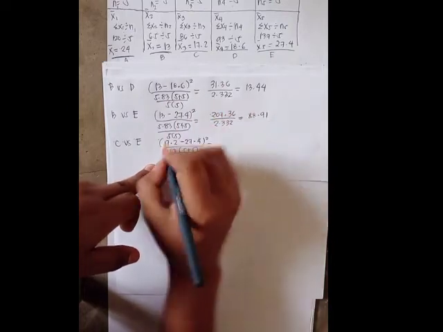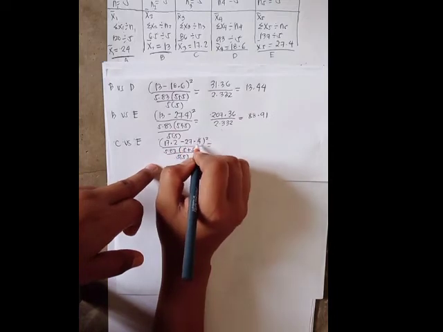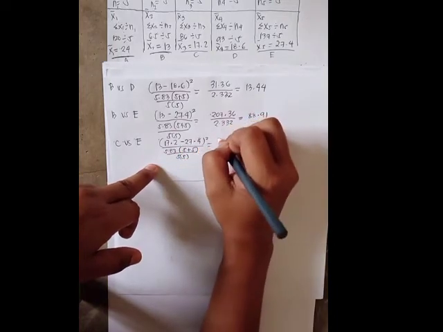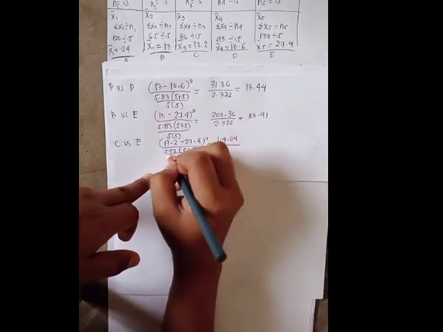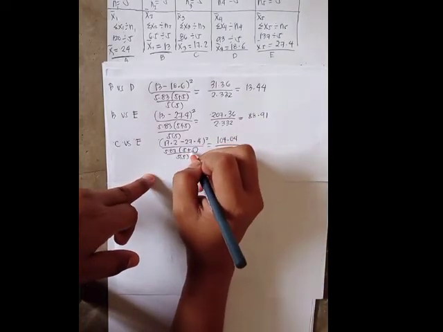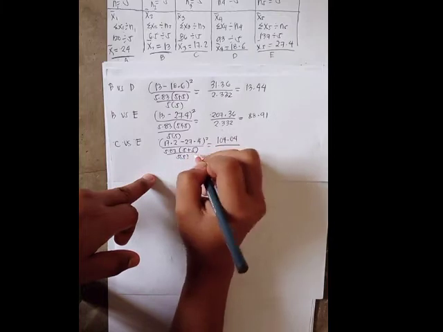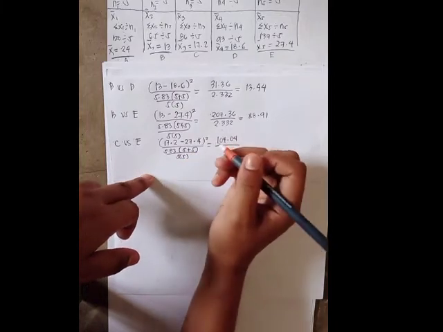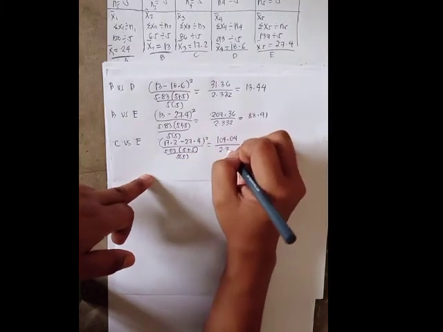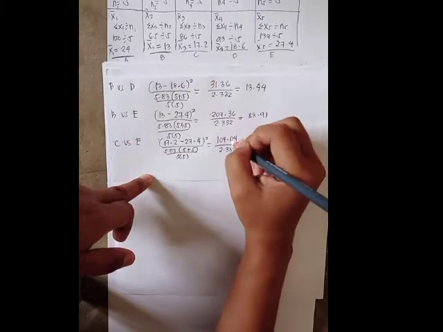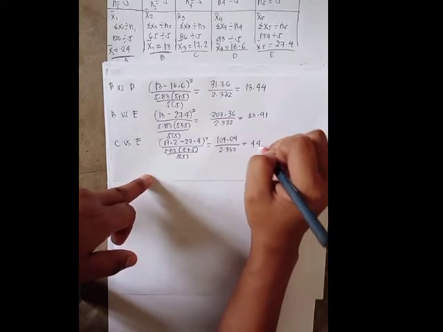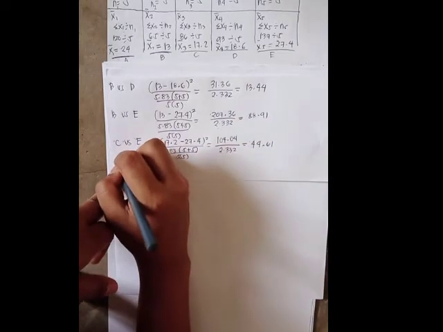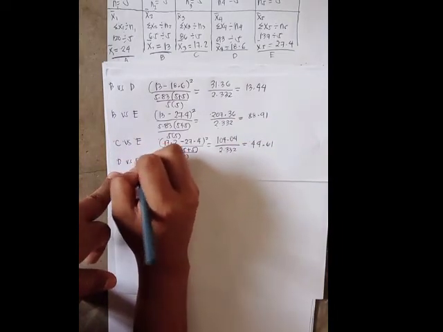Then it will be equal to 17.2 minus 27.4 squared is 104.04, divided with our 5.83 times 10, 5 plus 5 is 10, divided by 25, 5 times 5 is 25, will be equal to 2.332. And 104.04 divided by 2.332 will be equal to 44.61.